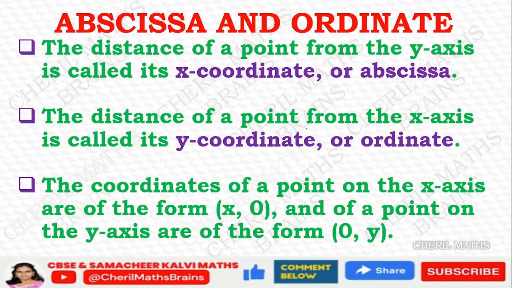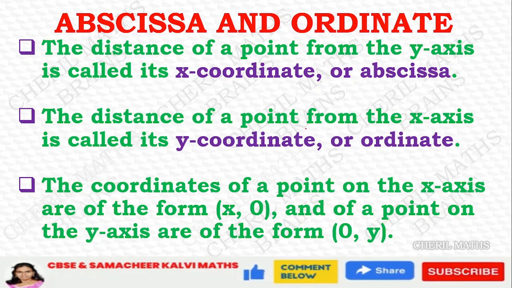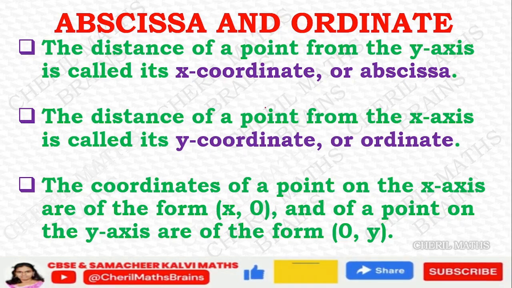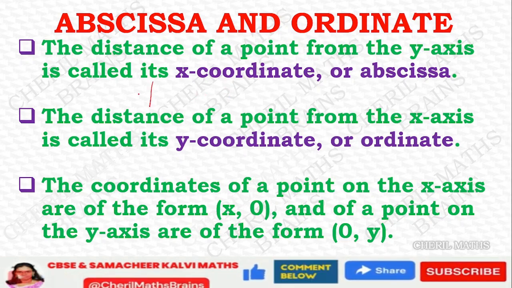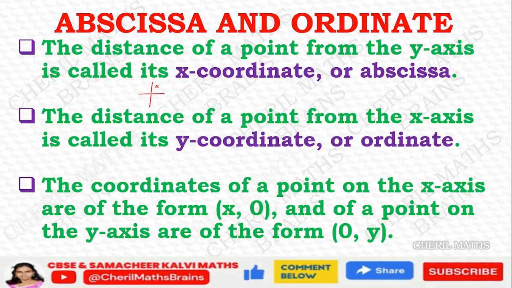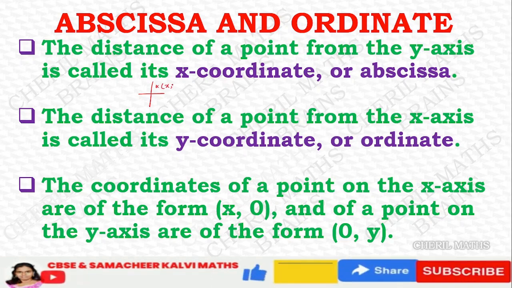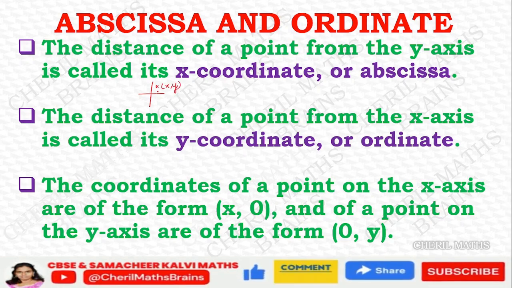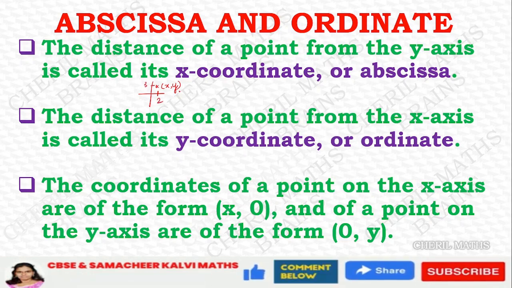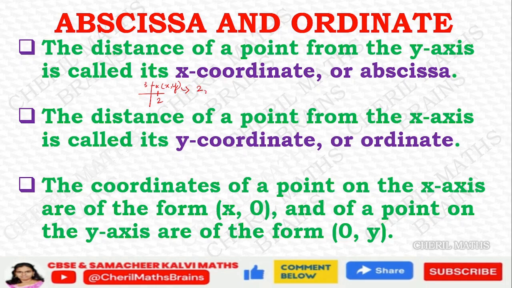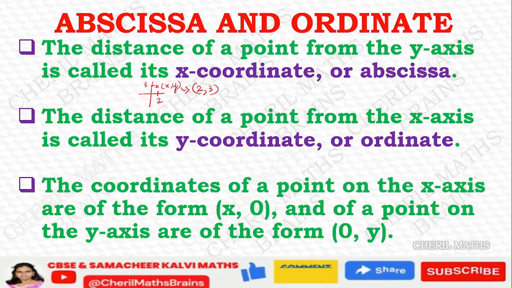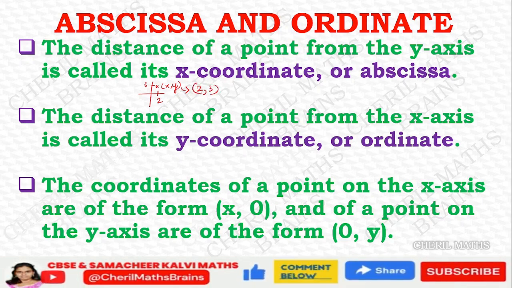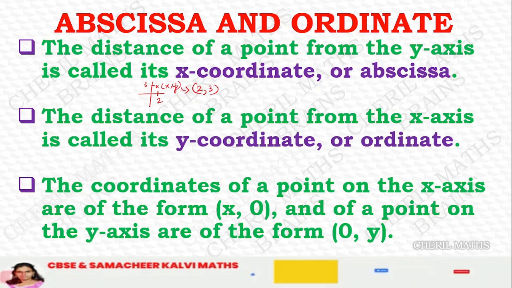So before we get into the main concept, what do we know about coordinates? We generally would have learned to draw graphs where you represent some point as x comma y. So if this value is going to be 2 and this value is going to be 3, you would write this as 2 comma 3, where you can say 2 is the x coordinate and 3 is the y coordinate.